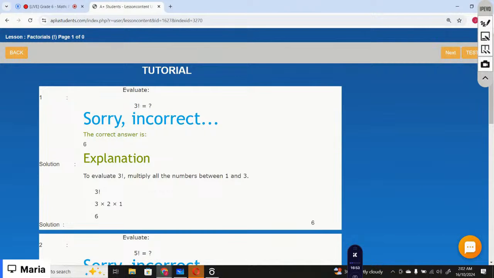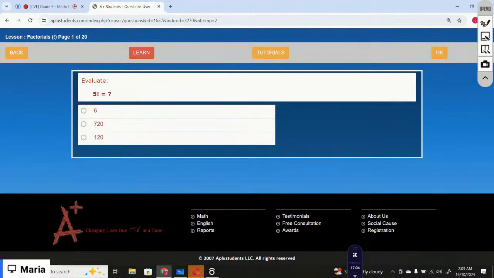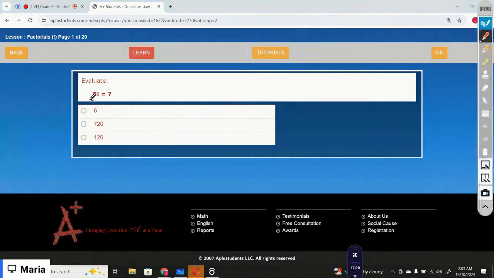Okay, let's just start with the test questions. Let's see how do we evaluate the factorials. 5 factorial. So how do we evaluate the factorial? You have to multiply all the numbers between 1 and 5. So you have to do 5 times 4 times 3 times 2.